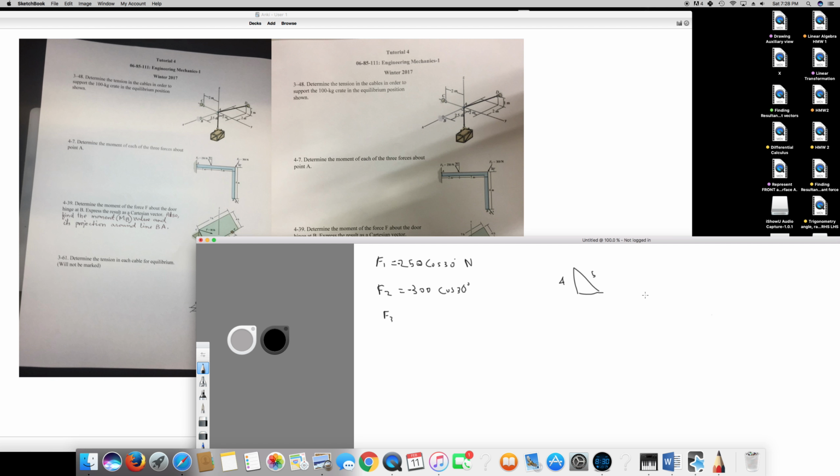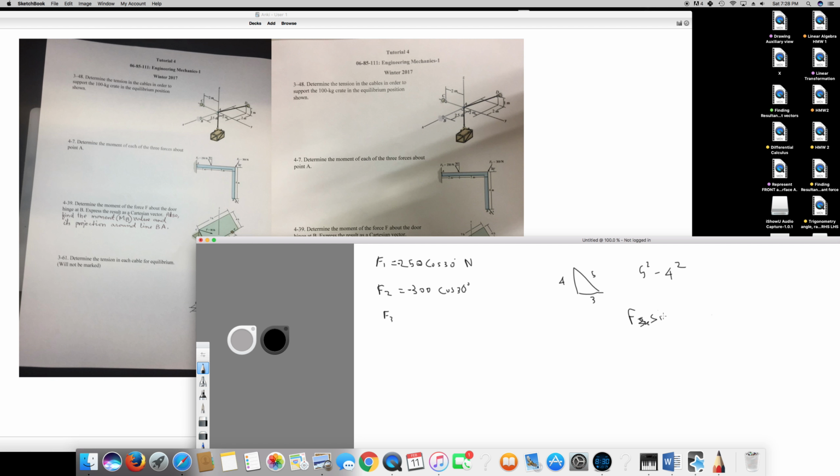Again I can use the Pythagorean theorem right here. 5 squared minus 4 squared is going to give me the adjacent. 5 squared is 25. 25 minus 16 is equal to 9. Root 9 is equal to 3. So 3 is going to be my adjacent. And from this I can find the vertical force and horizontal force. To find the vertical, I had to do sine theta. So F3 sine theta is going to be vertical.